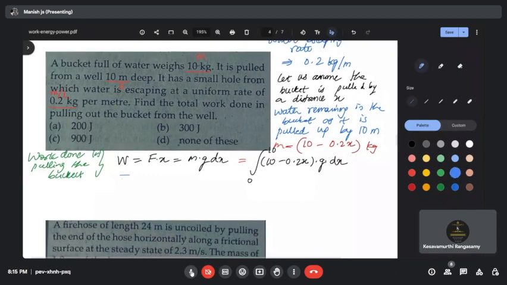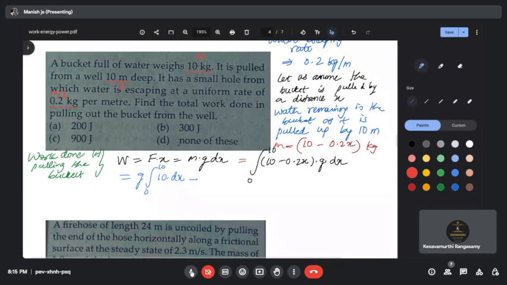Very simple. So g can be taken out. G times the integration from 0 to 10 of 10 into dx minus, again, g is common for both, so I'll take the entire common out.